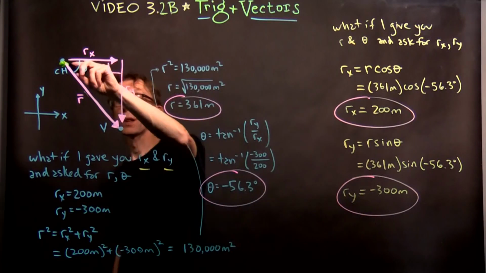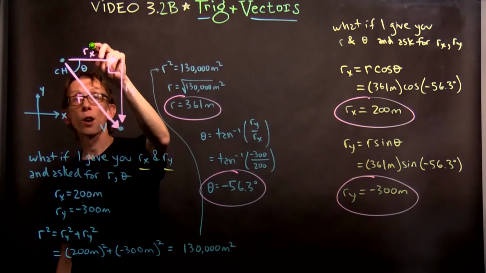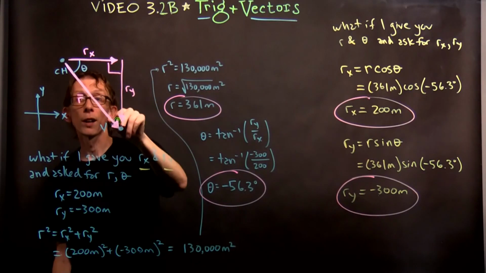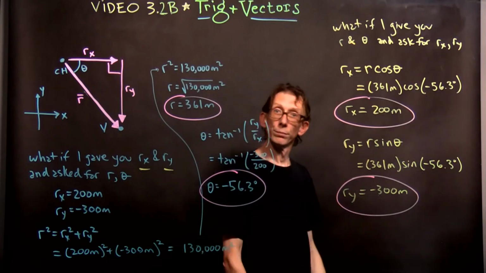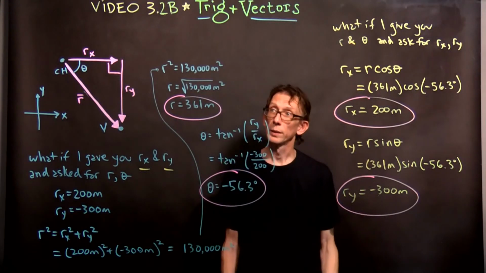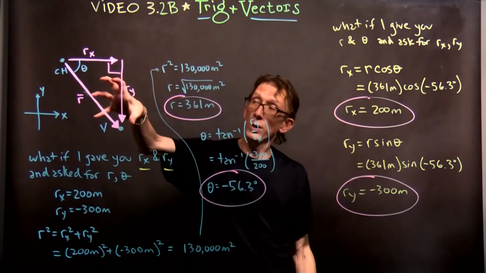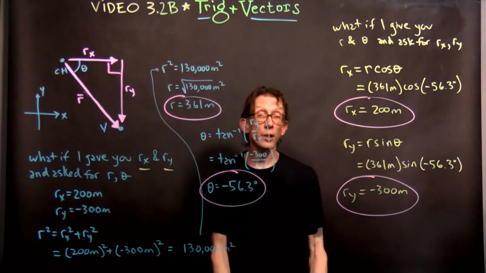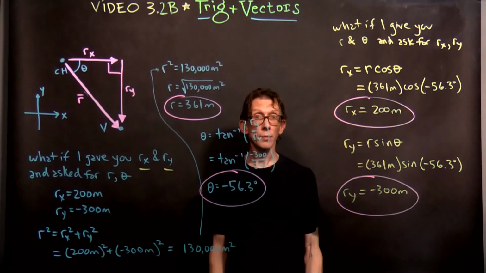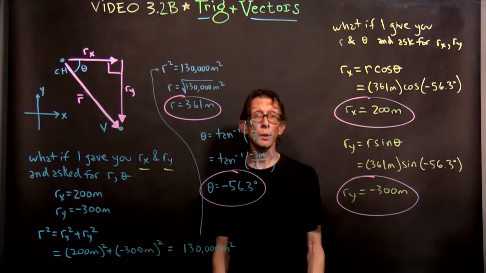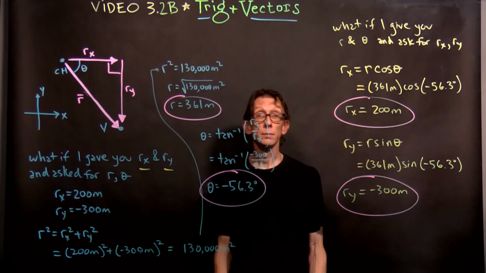And you can see it's because when you add these two components, Rx and Ry, together to get R, they make a triangle. And so you can apply trigonometry to it because it's a triangle right there.